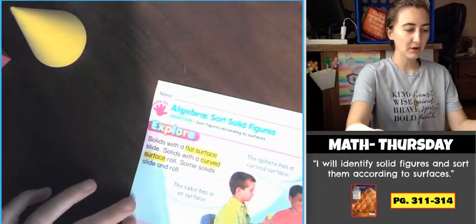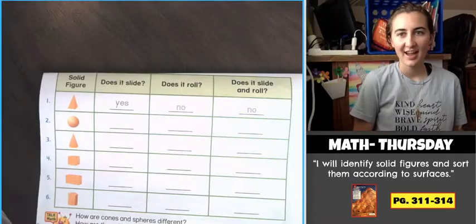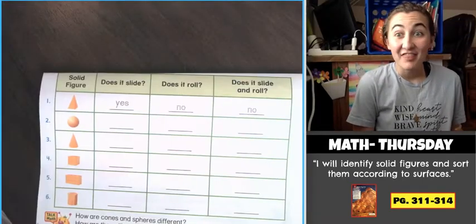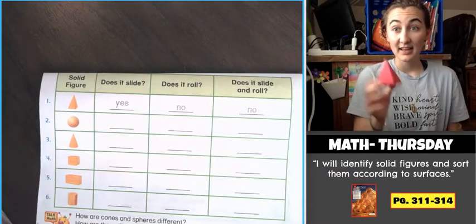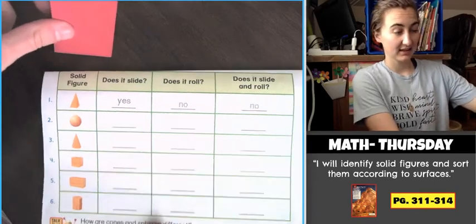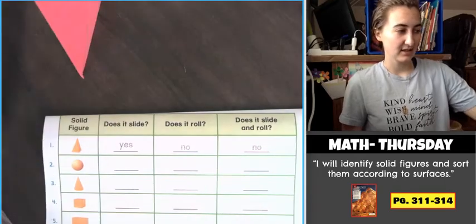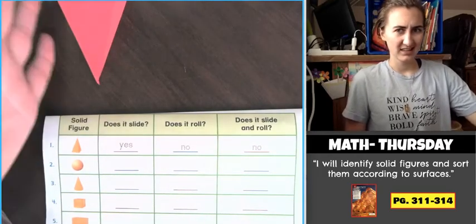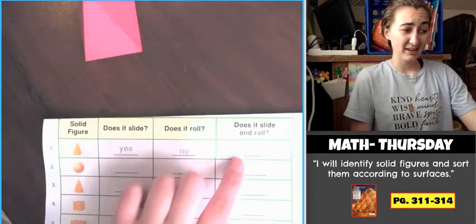So we're going to go through and fill in our table here. All right, the first figure we have up is our pyramid. Does it slide? Yes, because it has flat surfaces. Does it roll? Not really. So does it slide and roll?